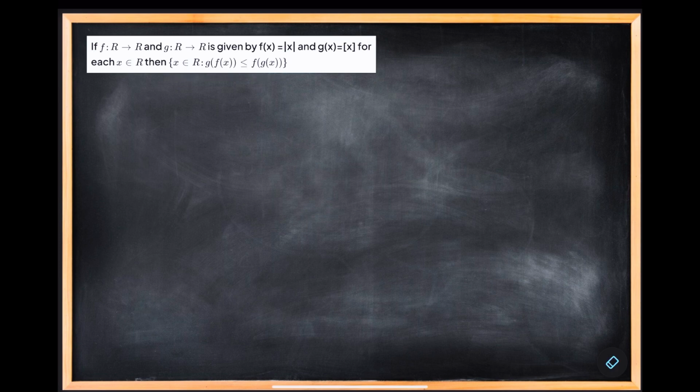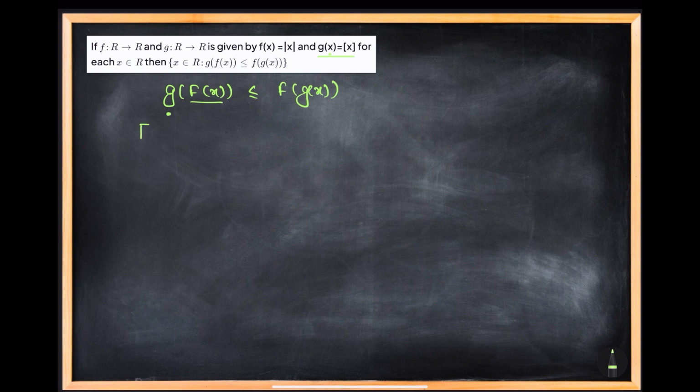Okay, I hope you got the question, and let's approach this one. So we are interested in finding the values of x for which g of f of x is smaller than equal to f of g of x. Now let's proceed. So what does this mean? This means in the function g, in place of x, you have to substitute f of x.